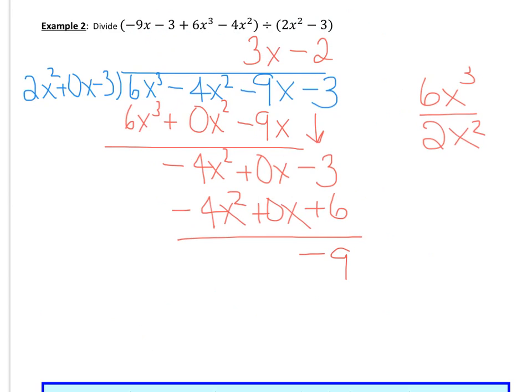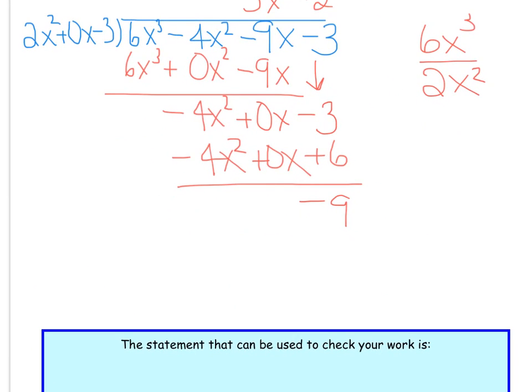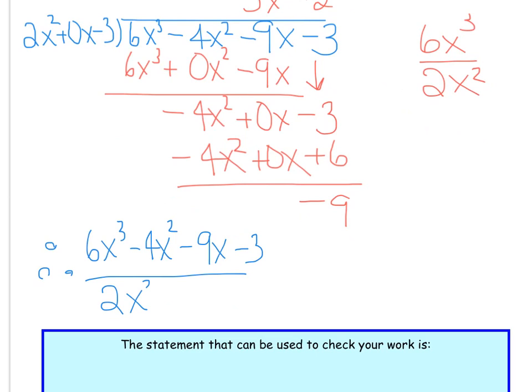Let's write our answer in what's called quotient form. Okay, therefore, 6x cubed minus 4x squared minus 9x minus 3 divided by 2x squared minus 3 equals 3x minus 2, subtract 9 over 2x squared minus 3.